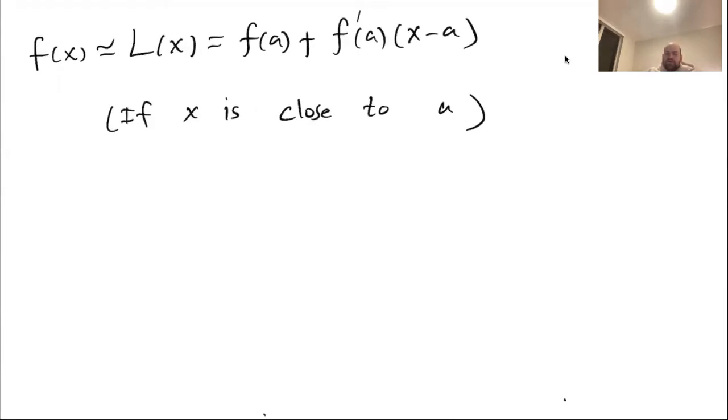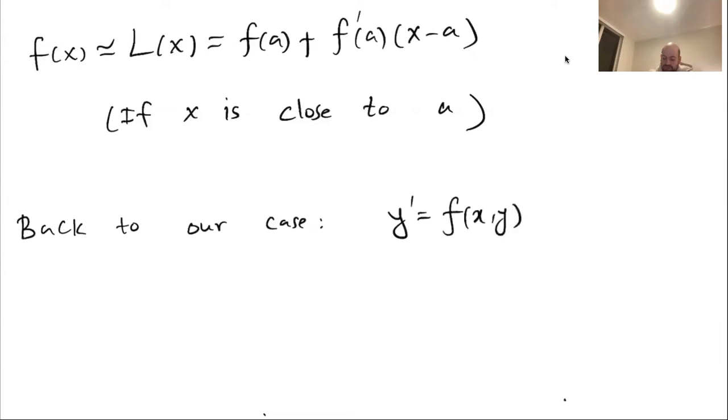Okay, so now our f of x here is basically the solution for the differential equation. So back to our case, what do we have? We have y prime equals f of x and y, and y of x naught equals y naught.